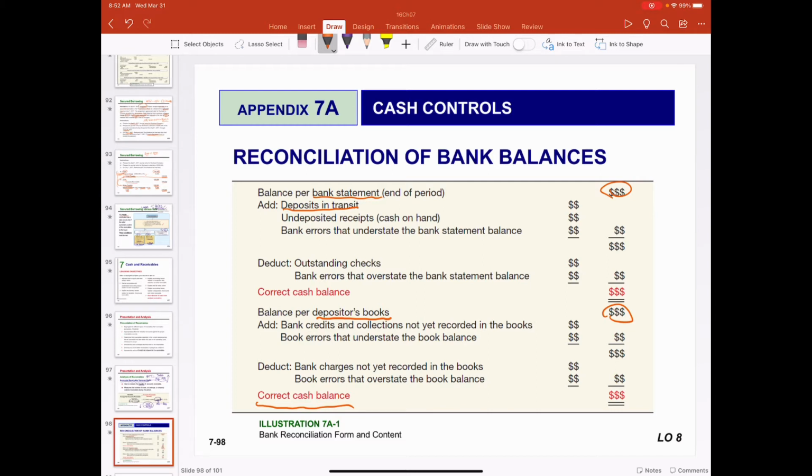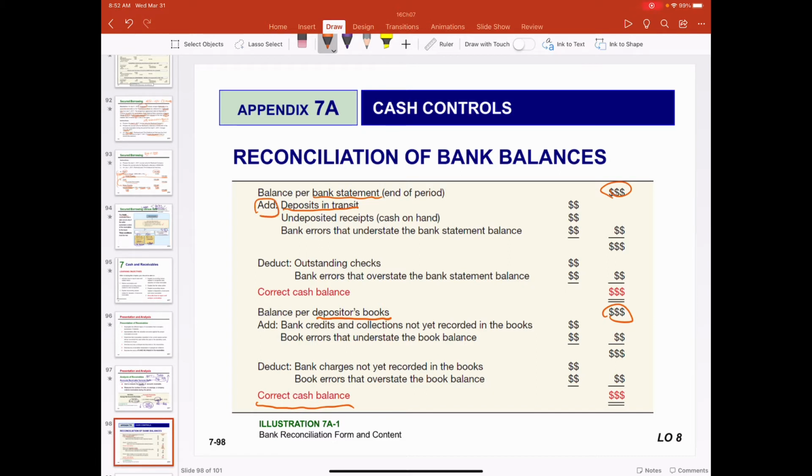But sometimes the deposit takes days to be updated in the bank statement, right?